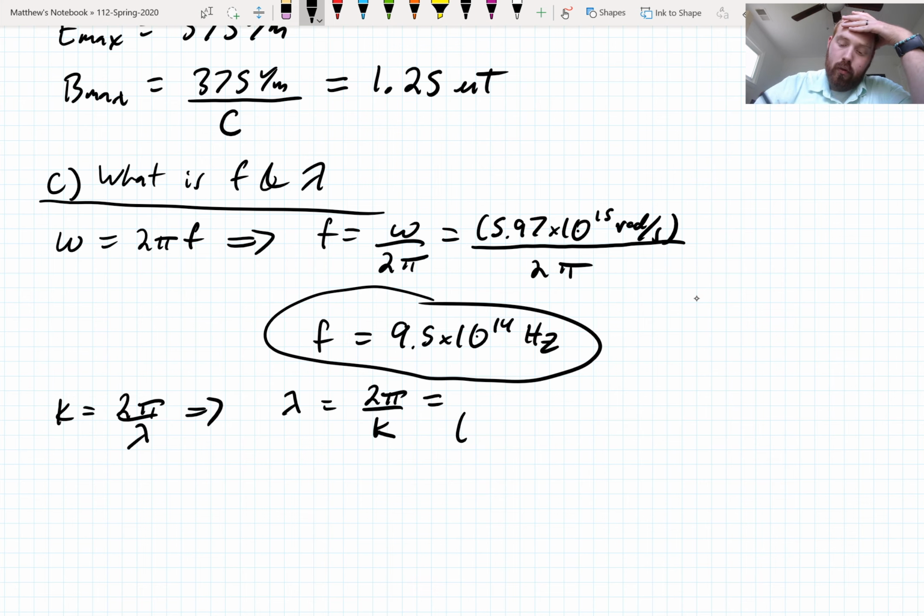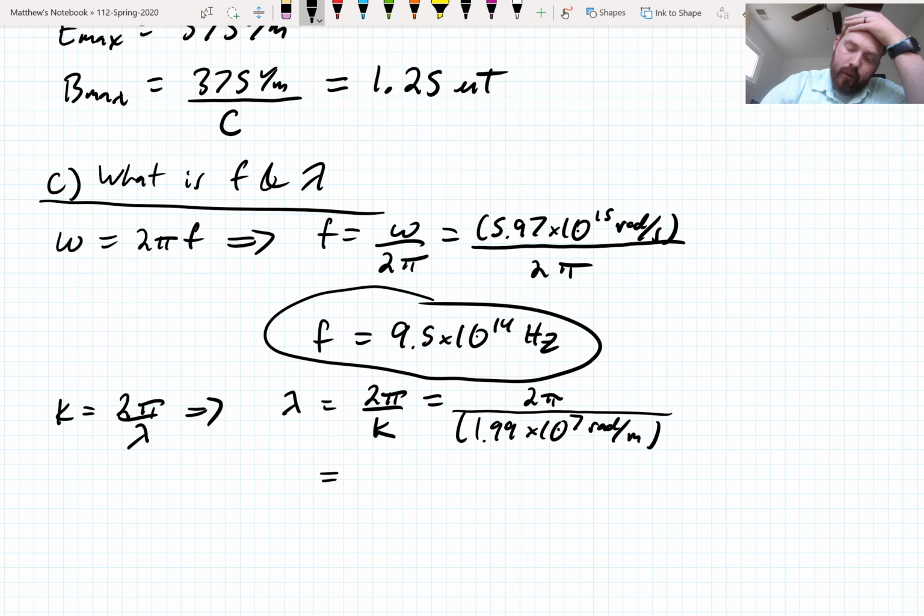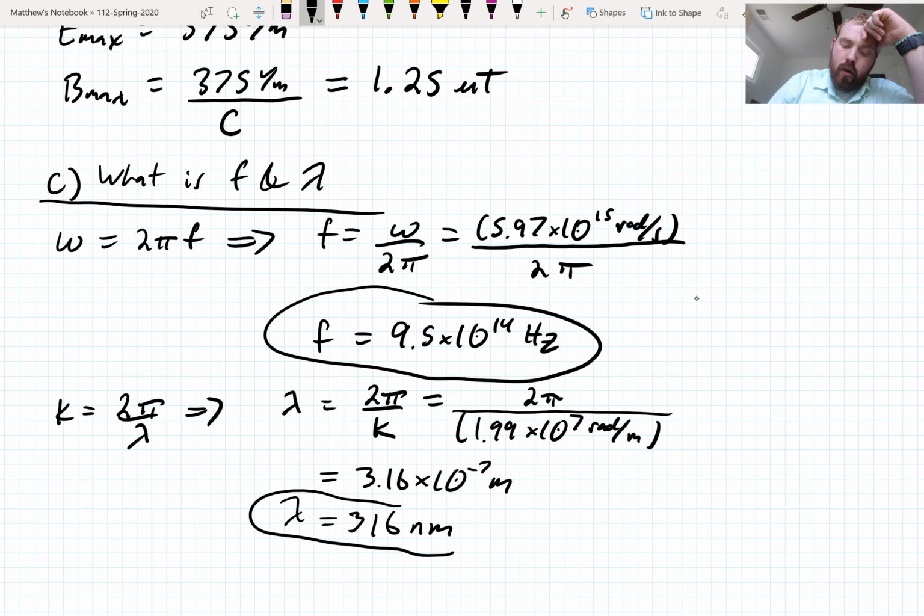So there we have 1.99 times 10 to the 7th radians per meter, all underneath the 2 pi. And if you calculate that, you're going to find this is 3.16 times 10 to the minus 7th meters, or 316 nanometers.